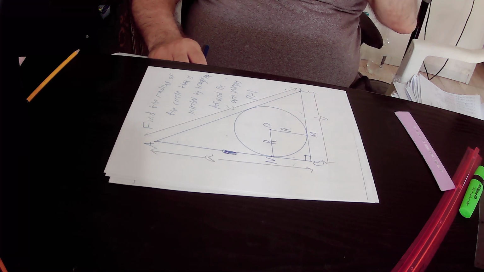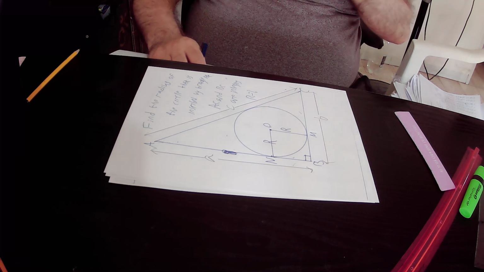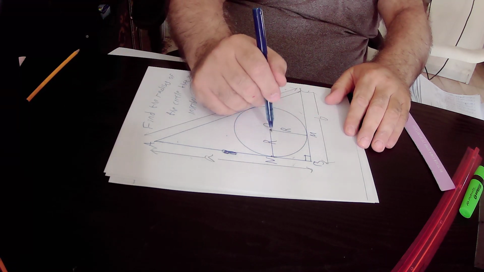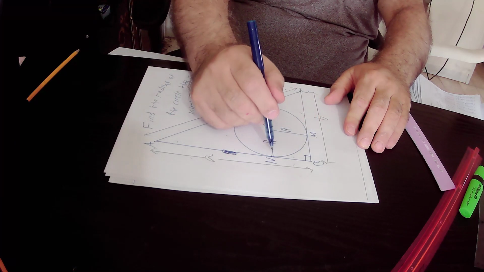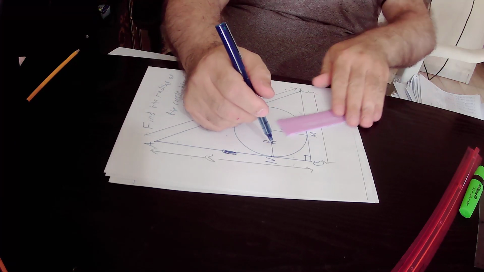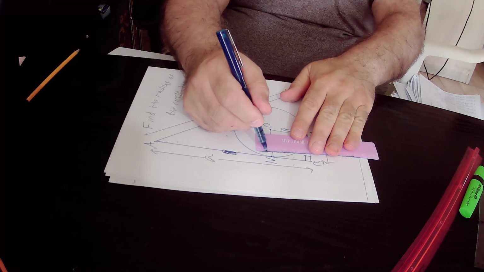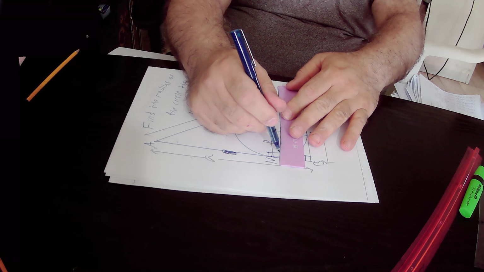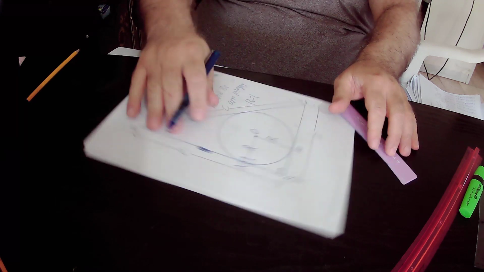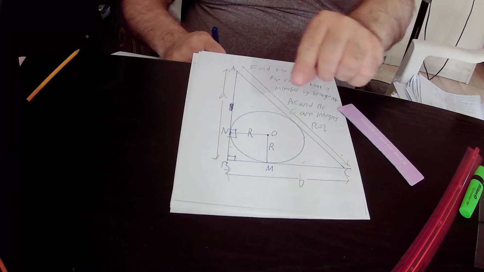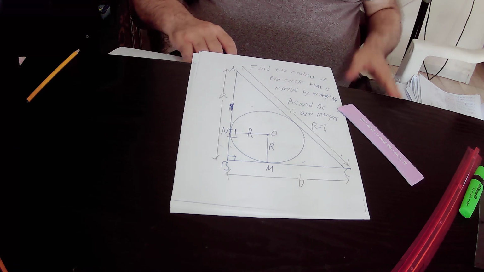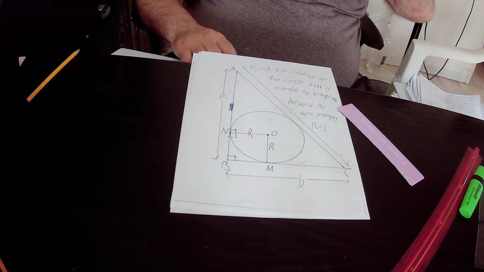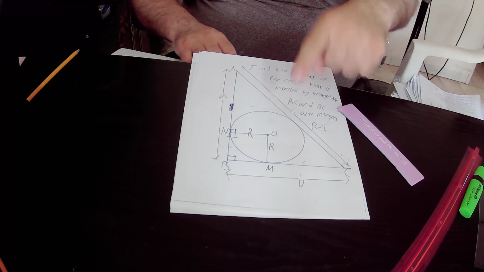Whenever you have a radius drawn to the point of tangency, then according to rule number 1, tangent AB will be perpendicular to the radius NO. So if AB is perpendicular to NO, it means that this angle equals 90 degrees, and this angle will also equal 90 degrees according to rule number 1. Likewise, we have here the radius OM that is drawn to point M, the point of tangency of tangent BC with this circle.